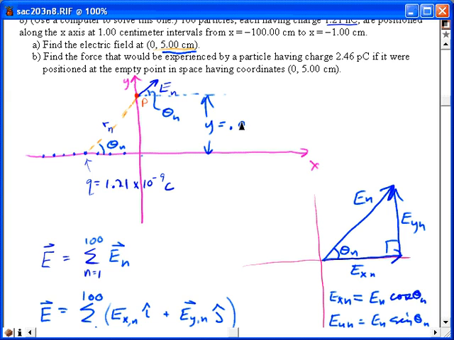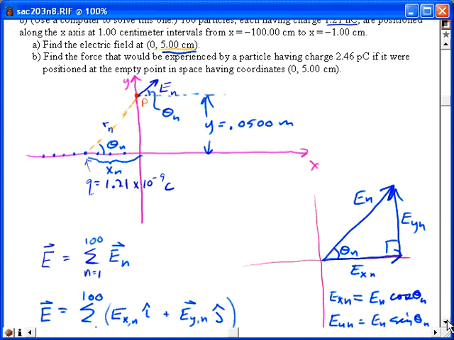So I'll call that 0.0500 meters. And the particle that we're dealing with is at a distance I'll call x sub n. So it depends on which particle you're dealing with, but for the nth particle, it's a distance x sub n.